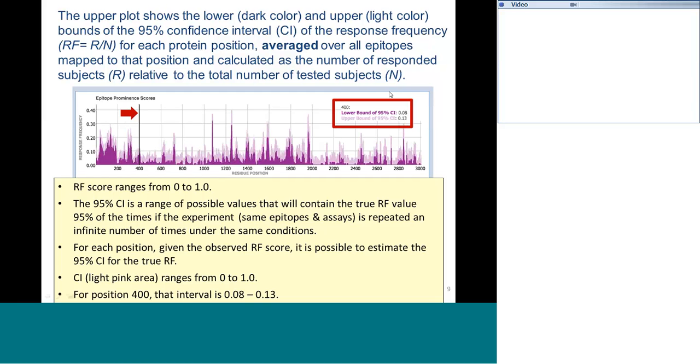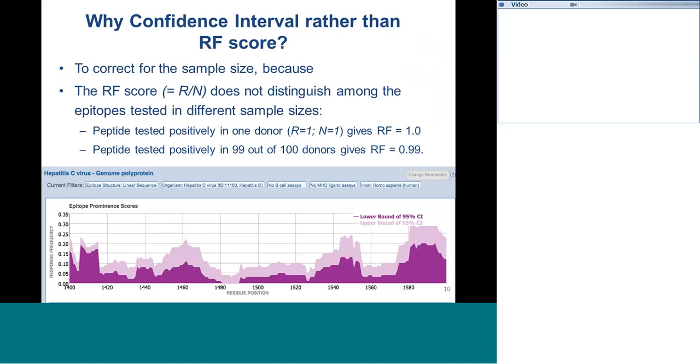We are not giving exactly a raw score because we want to correct for the sample size. For example, if you took some peptide and tested it positively in just one donor, we would have then a raw score equal to 1.0.